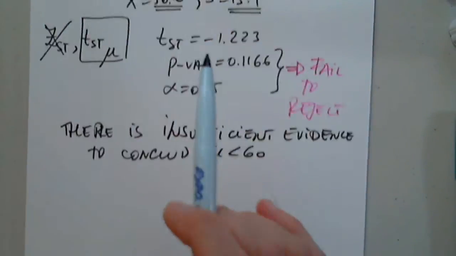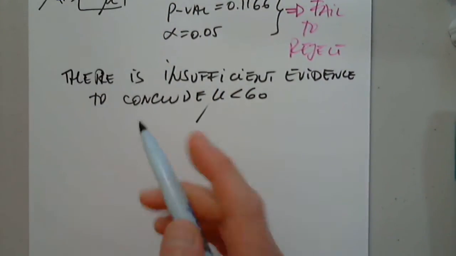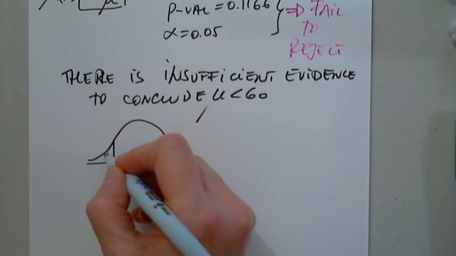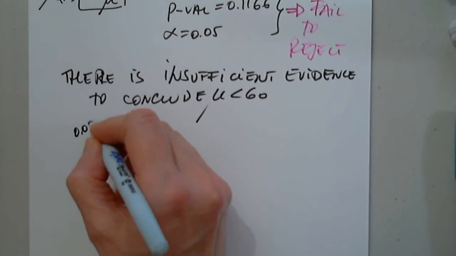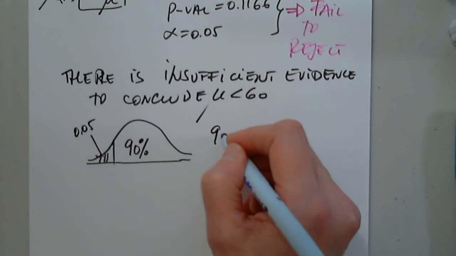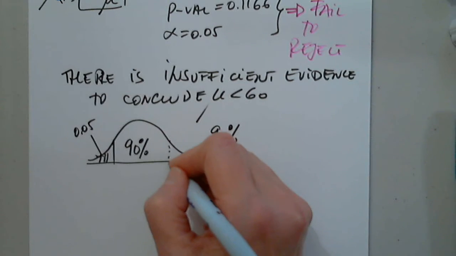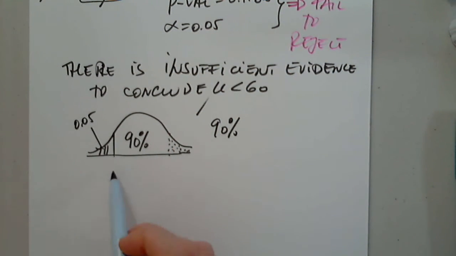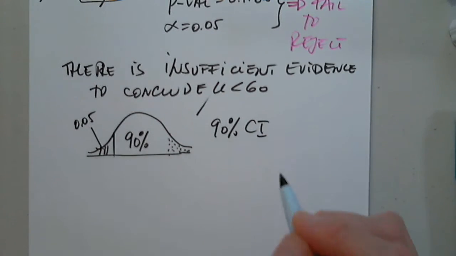Let's say since we have alpha 0.05, so if this is 0.05, then we are looking at a 90% confidence interval because we have to have the other tail. So this will be 5%, 5%, so the confidence interval is 90%.